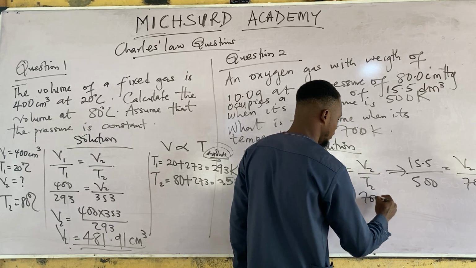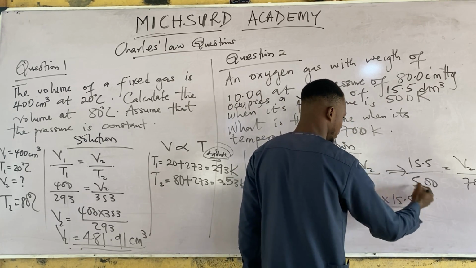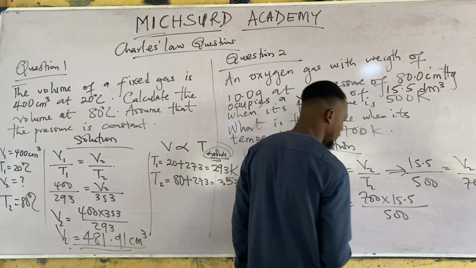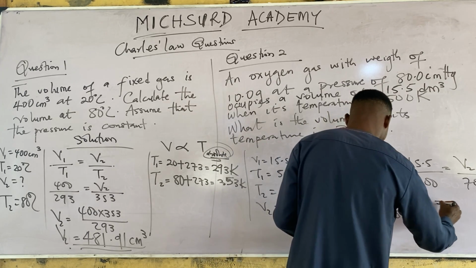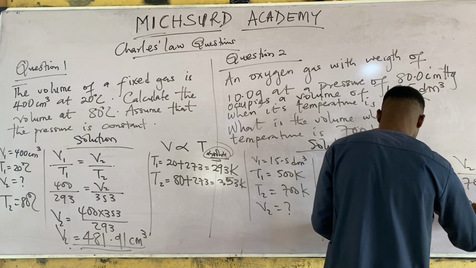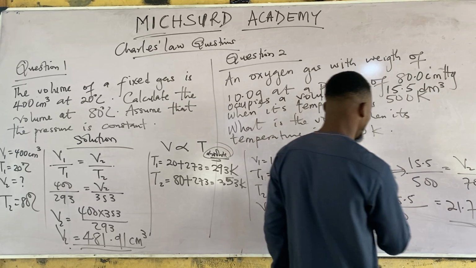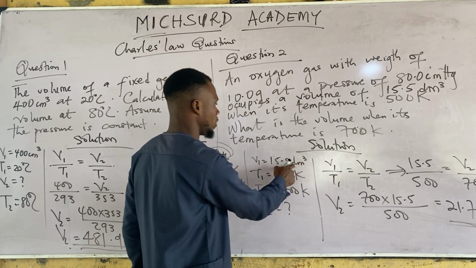That will give us 700 times 15.5, then I will divide with 500. If I do that division and punch it in my calculator, I will be getting 21.7 dm³. We leave the answer in dm³ because V1 is also in dm³.